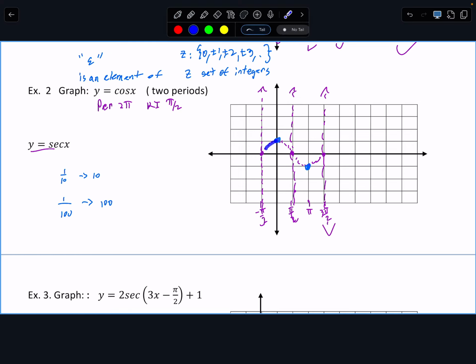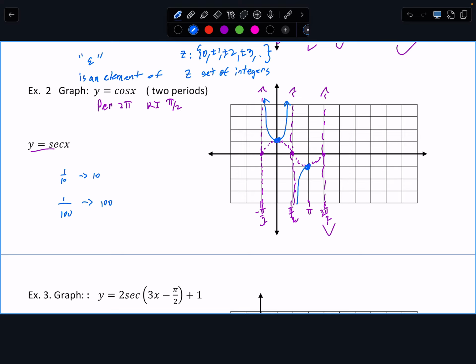So as this goes to 1/10th to 1/100th to 1/1000th, the reciprocal is growing without bound to positive infinity. And so that is why the secant just starts going up astronomically. It's just going way high. As cosine's approaching 0, its reciprocal is going to positive infinity.